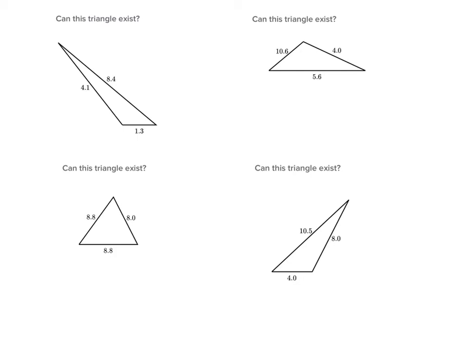For instance, in my first one here, I have 4.1, 1.3, and 8.4 as the sides. Can this triangle exist? The answer to this one is no. Because if I add up 4.1 plus 1.3, I need that to be greater than 8.4.